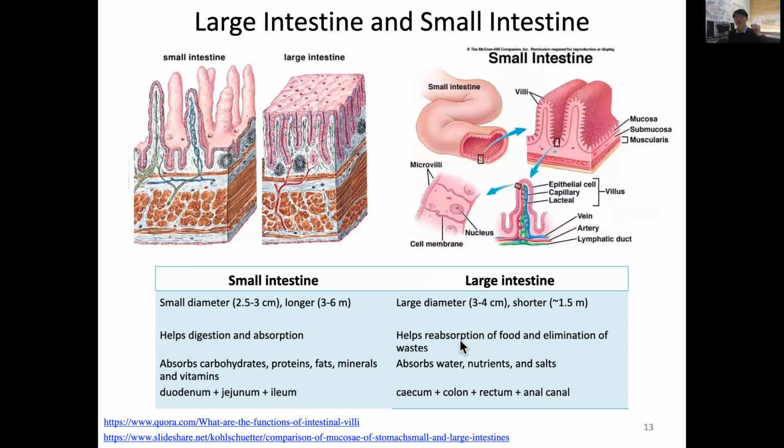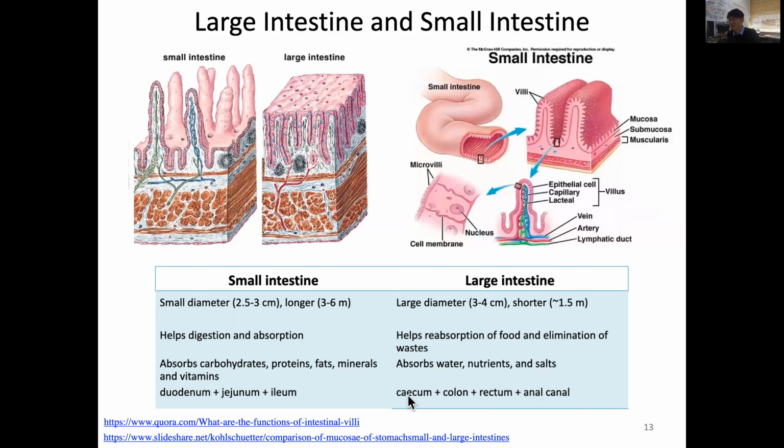The large intestine helps reabsorption of the remnant food and also elimination of waste because it forms stool. In terms of absorption, the small intestine absorbs carbohydrates, proteins, fat, minerals, and vitamins, while the large intestine absorbs water and some nutrients and salts. The small intestine is composed of the duodenum, jejunum, and ileum. And that is connected to the cecum in the large intestine.